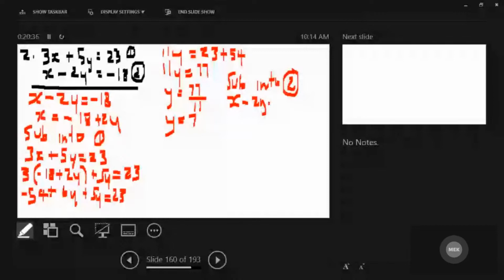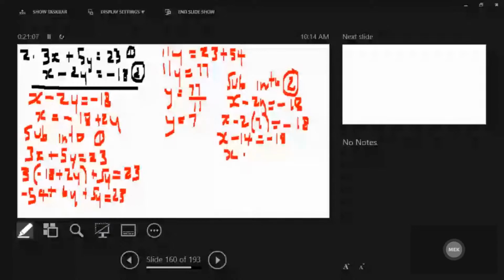So since y is 7, x minus 2 times 7 equals -18, and 2 times 7 is 14. So x will be equal to -18 plus 14, which is -4.